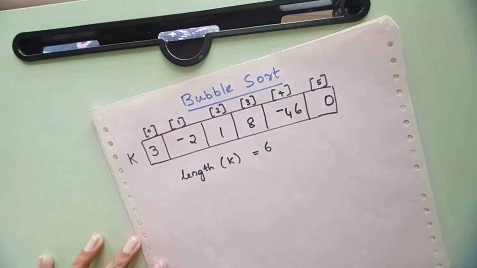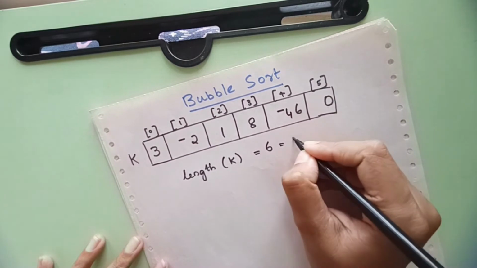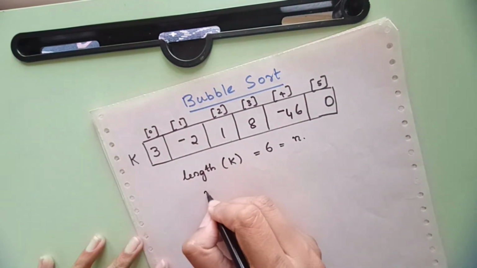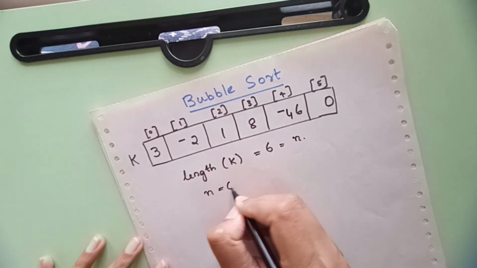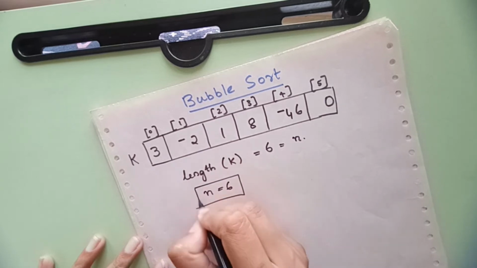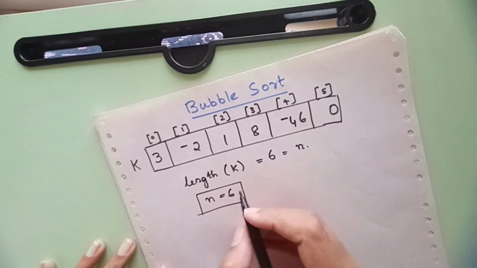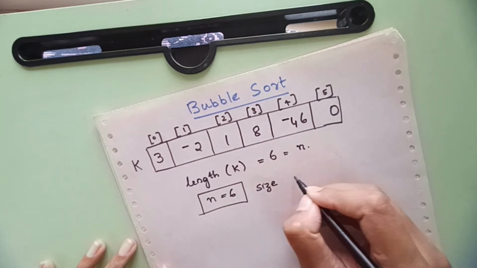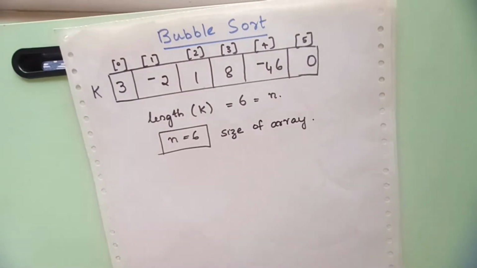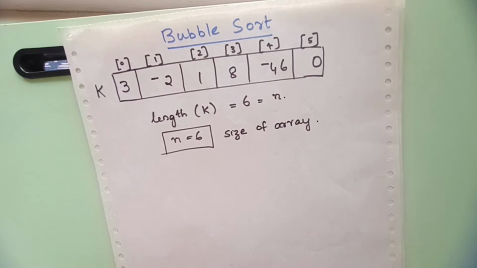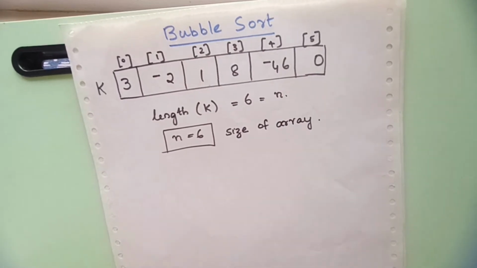We'll denote length as n. So in this example, n is equal to 6, which is nothing but the size of array. So in bubble sort, consecutive elements are compared.